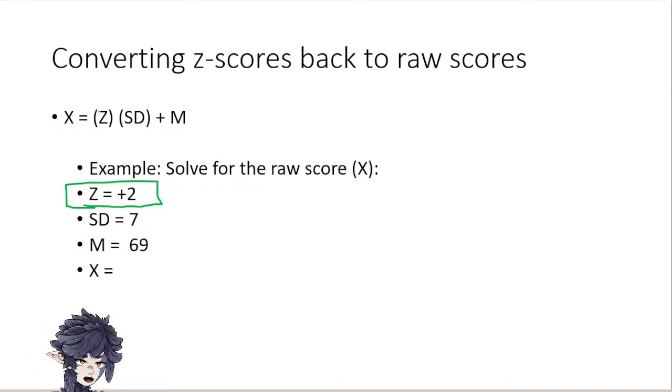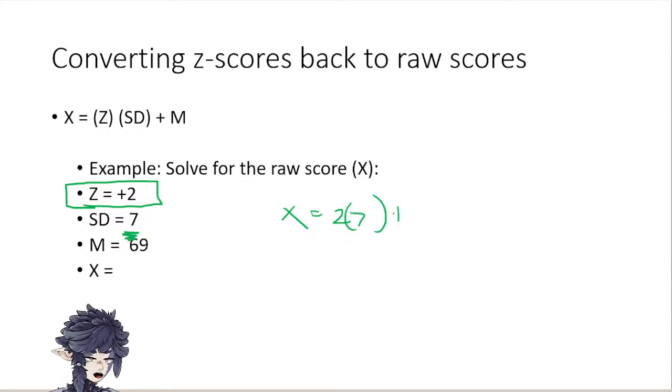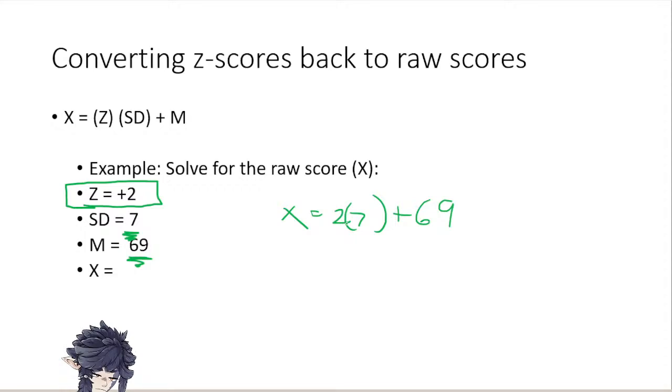So let's start plugging this in. To solve this, the score that we're looking for is equal to our z-score, 2, times the standard deviation from the original distribution, 7, plus the mean of the original distribution, 69. Let's subtract 69 from both sides.